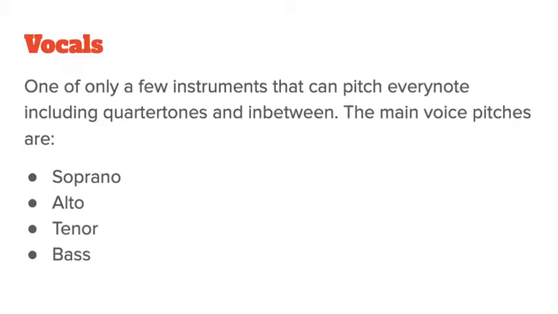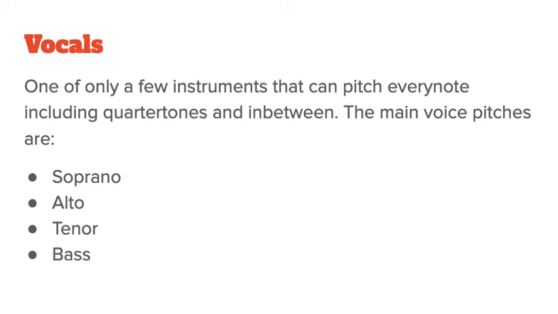Okay, so when we're talking about vocals in particular, we are talking about people's vocal range. One of the great things about vocals is that they can actually sing every single note. We talk about semitones, but vocalists can also sing quarter tones, which are in between semitones.